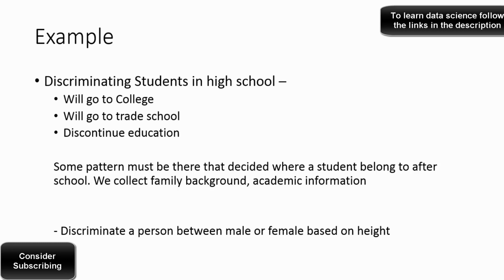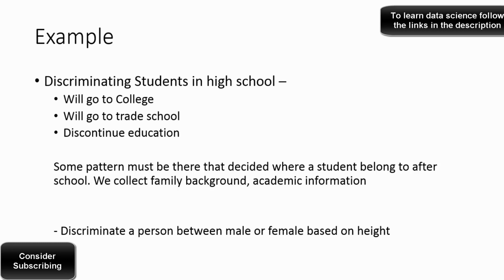Some pattern must be there between the different categories of students. And how do we categorize them? We can use discriminant analysis to categorize them. We collect information on family background, academic information, and use the linear discriminant analysis to find out whether a particular student is going to go to a college or a trade school, or is going to discontinue education. That is where LDA is used.